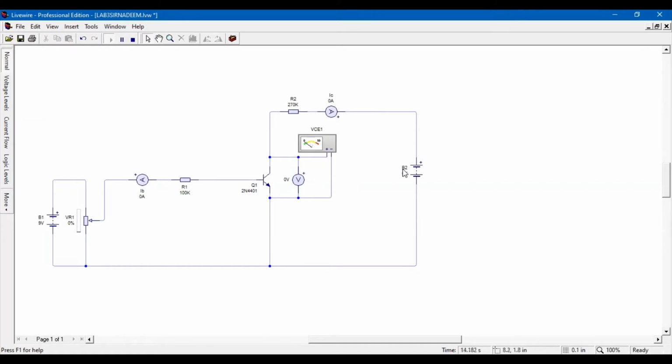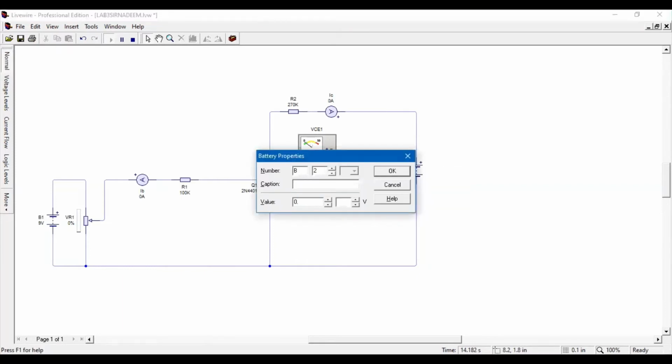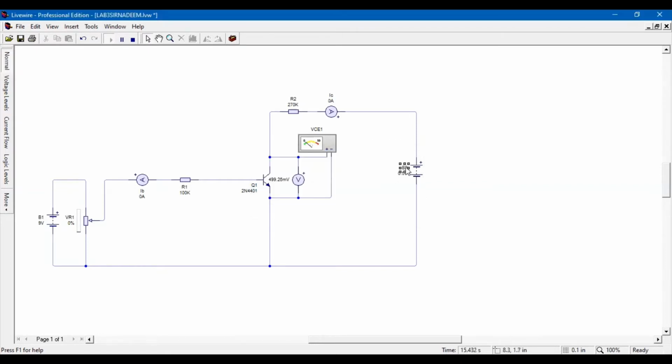volt. We increase the battery supply to 0.5, still 0 ampere, IC 0 ampere.